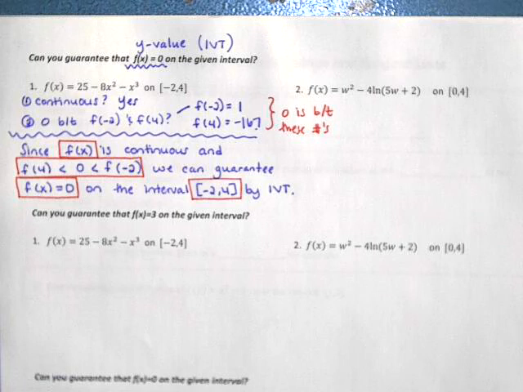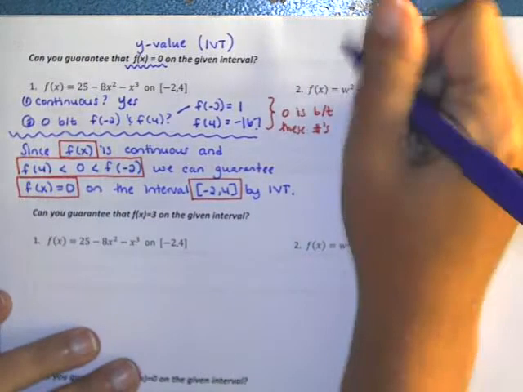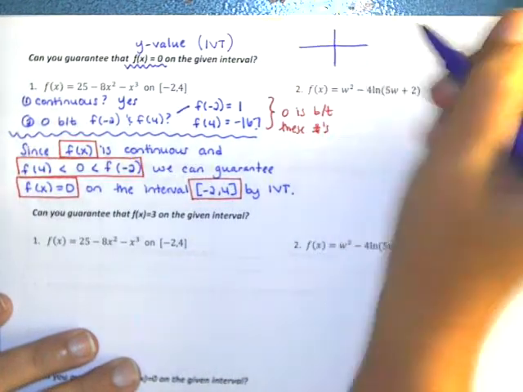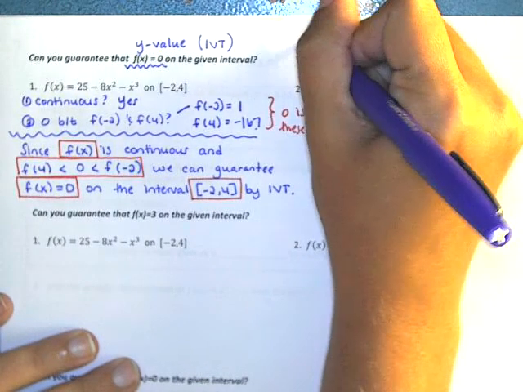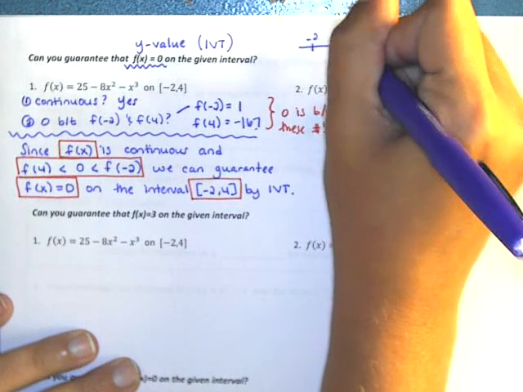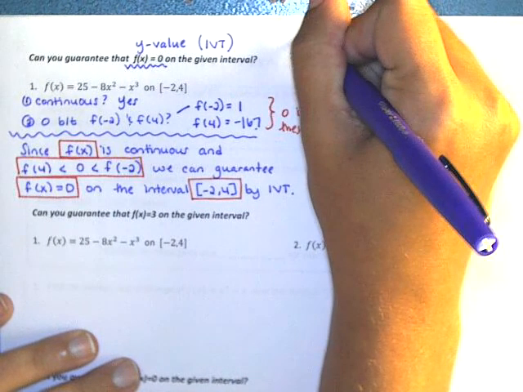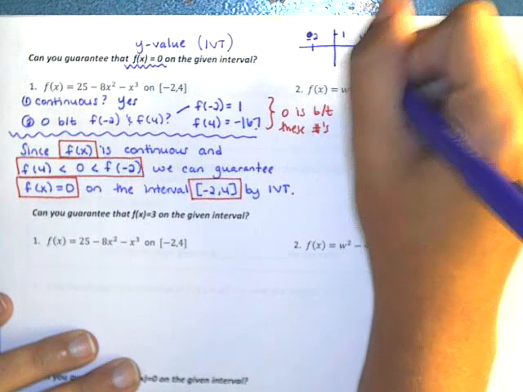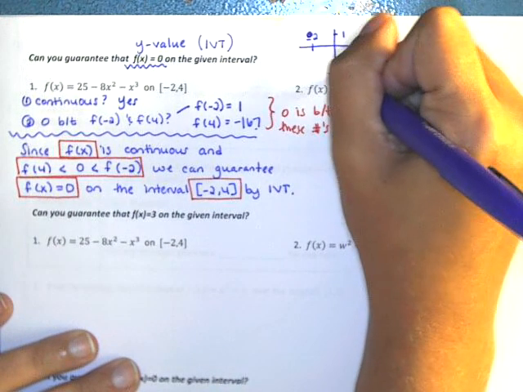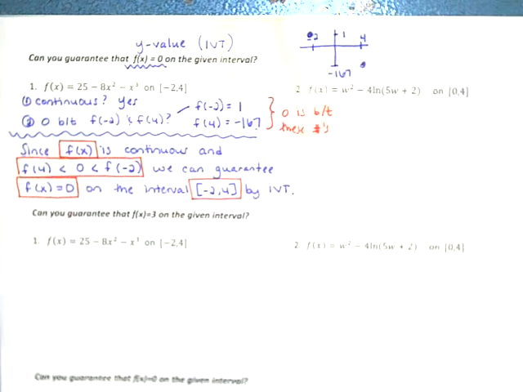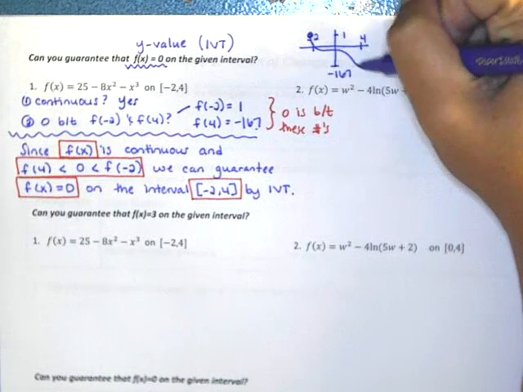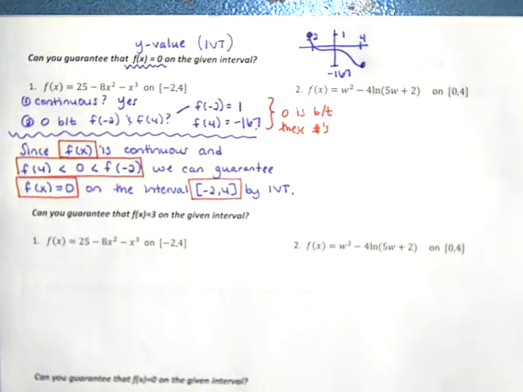Now logically, let me show you why this one makes sense. What we just figured out was that we have a nice continuous function. And when x is negative 2, my y value is a 1. So there's definitely a point here. When x is positive 4, my y value is negative 167. Because our function is continuous, we have to connect the dots nicely and smoothly.